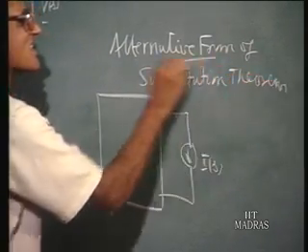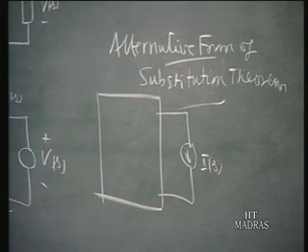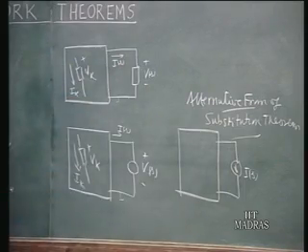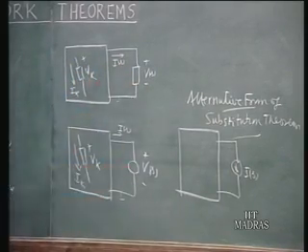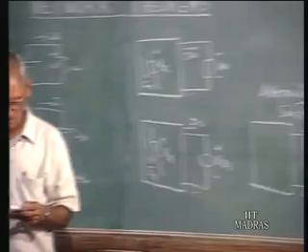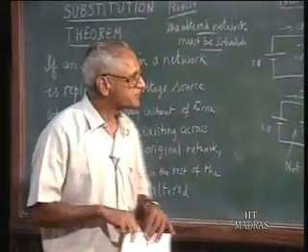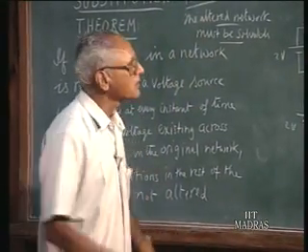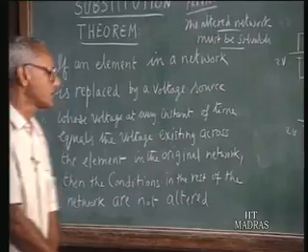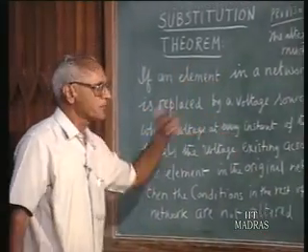You can replace this particular element by a current source whose value at every instant of time is the current in the original network. So you can replace this element by a voltage source or a current source. This is also a substitution theorem, which is an alternate version of the main theorem in which we said an element can be replaced by a voltage source.